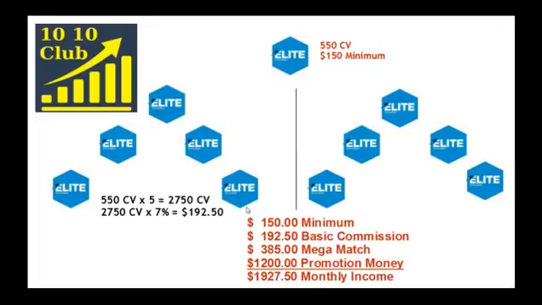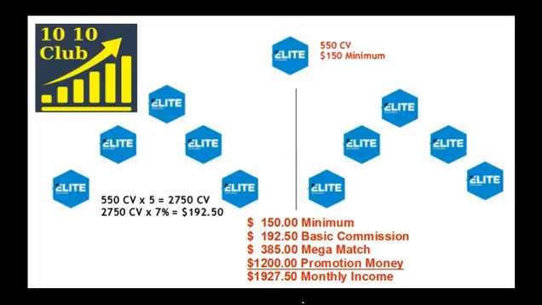Well, if I've got 5 on my left and 5 on my right, which is the second goal, you know, the first goal of being in the 10-10 Club is to be personally Elite Honors Qualified, and then the second goal or objective is to have my 5 on my left and 5 on my right.